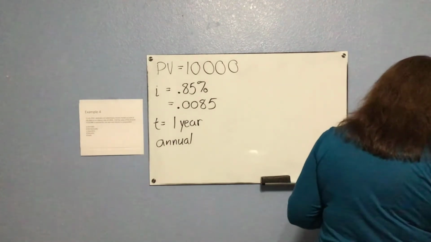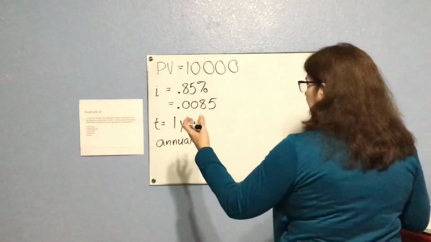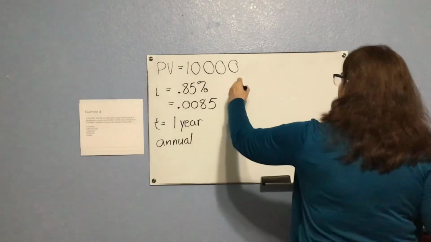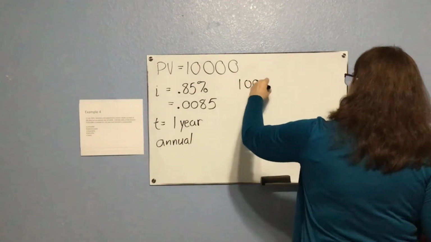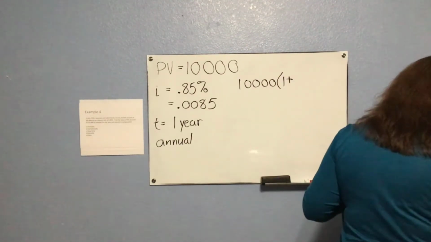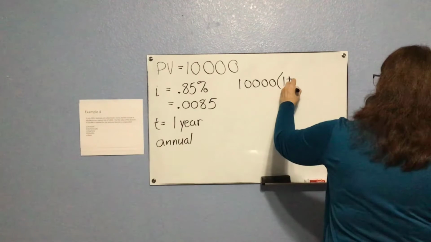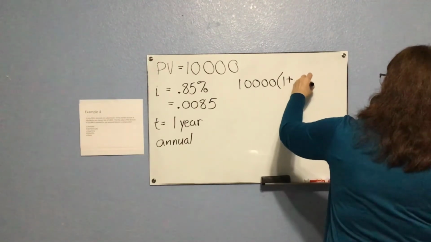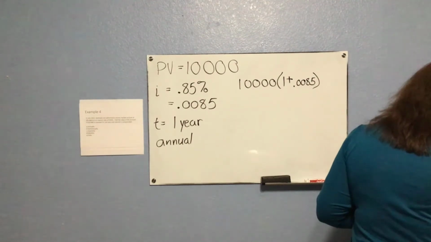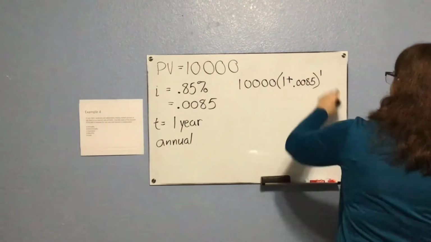Okay, so annual compounding for investing for 1 year is a lot like the simple interest. So we're going to have 10,000 times 1 plus 0.0085. And for annual, this will be 1.